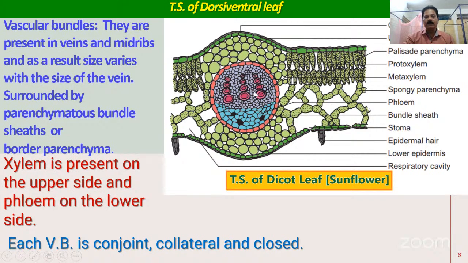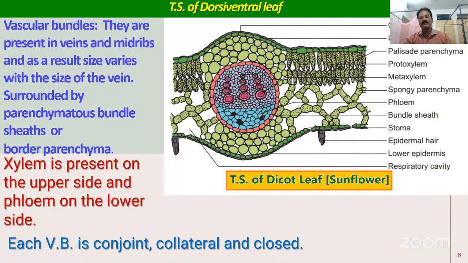In the dicot leaf, xylem is present towards the upper epidermis. This is the upper epidermis. This is xylem. Towards the lower epidermis, in each vascular bundle, you can find a patch of phloem. Phloem helps in translocation of organic solutes.